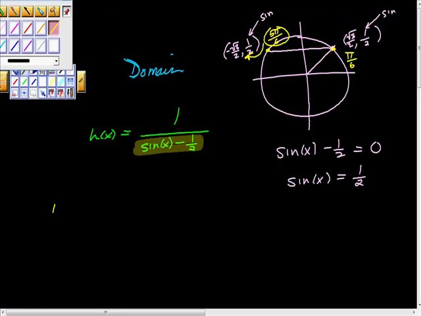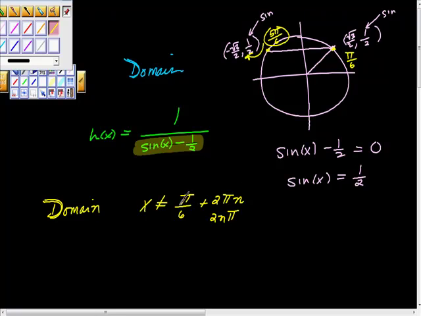So our domain will be equal to x is not equal to pi sixth plus 2 pi n. A lot of calculators are running it this way, and I don't know why that's necessary.